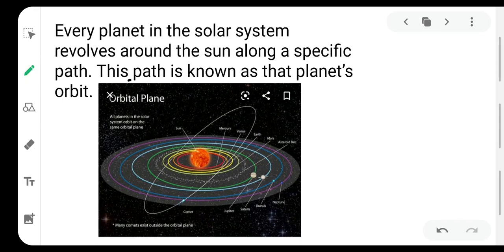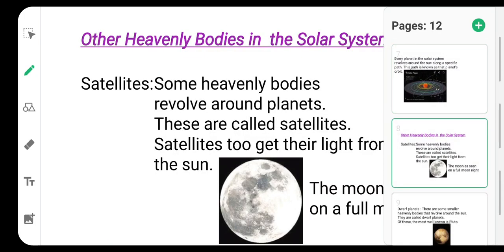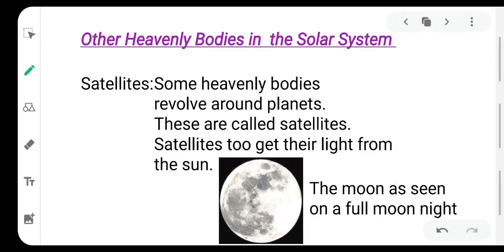We can see all the planets with the sun. Planet orbit.